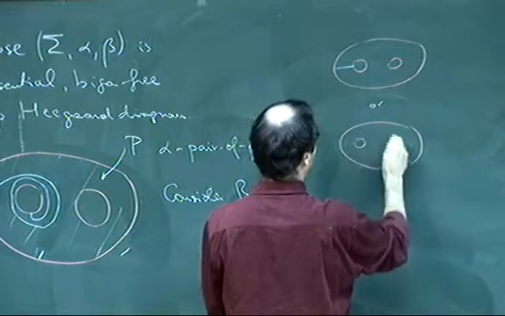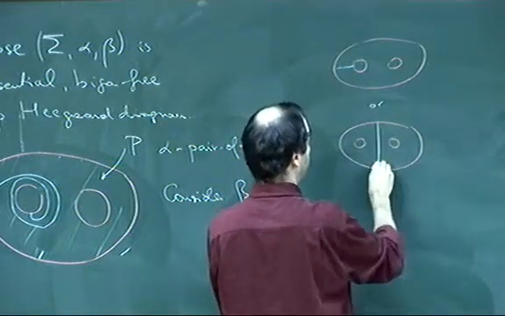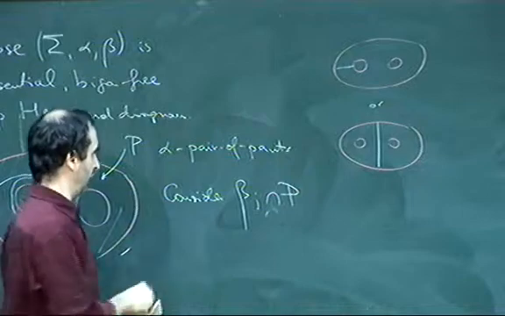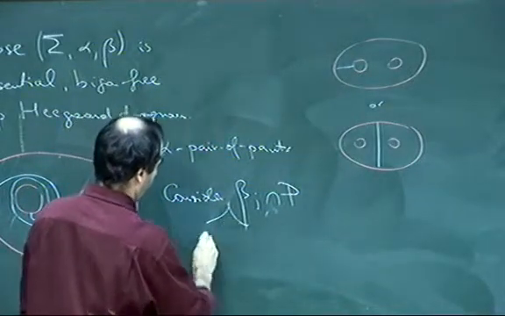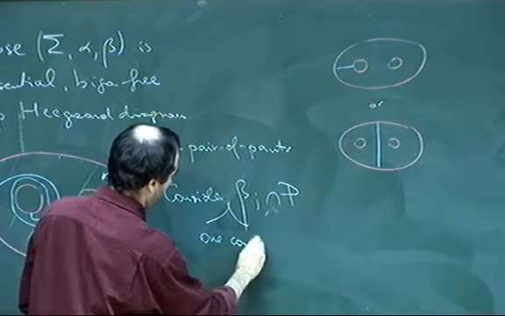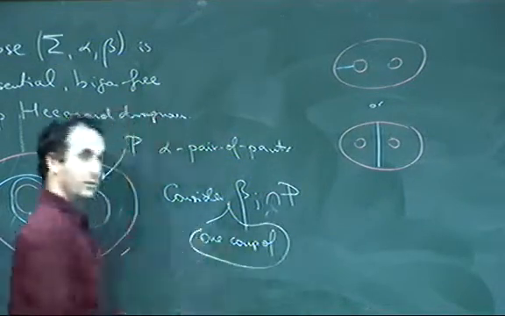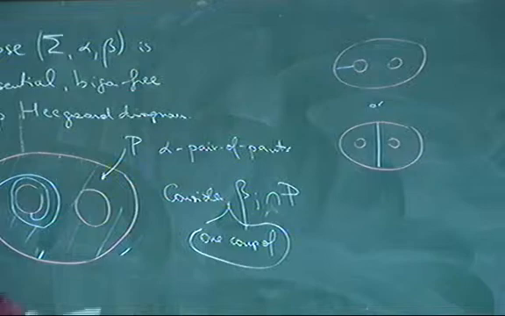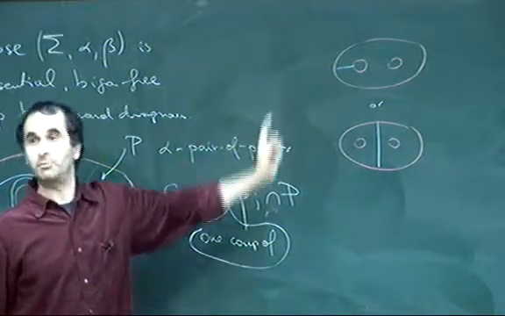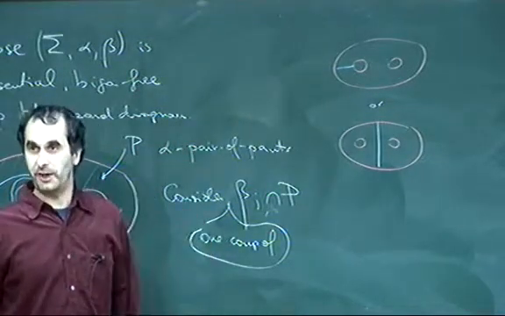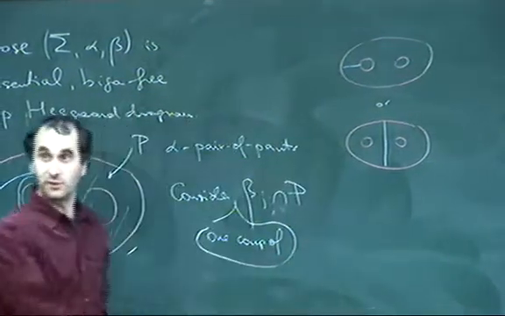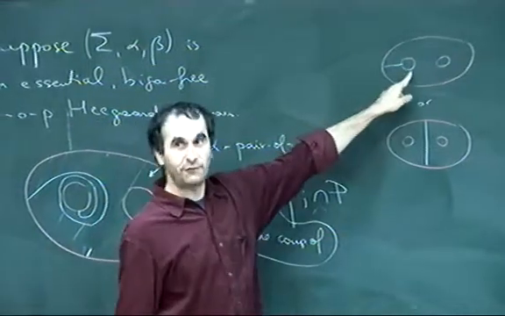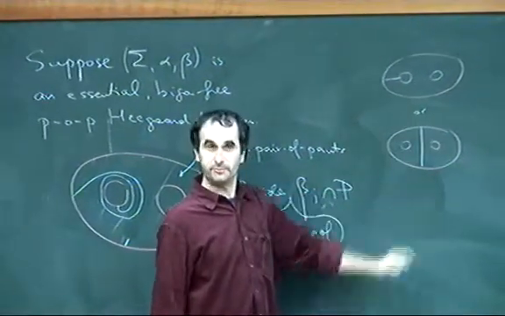You might have lots of components. Yes, one component, it probably comes in a thousand times. So we start with one component. These are the two possibilities up to diffeomorphism of the pair of pants. So we agree on that: it either connects two different boundary circles or cuts back to the same one.